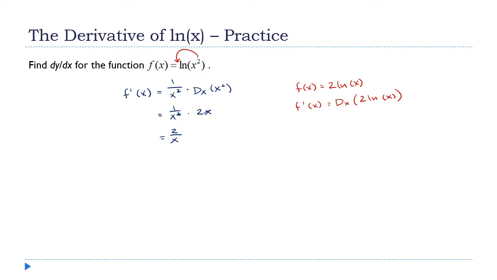Now I'm going to use a derivative property. We have a derivative property that says I can take that 2 and bring it out in front. So this becomes 2 times the derivative of the log of x, which is 2 times 1 over x, or just 2 over x. Look at that. Excellent. We did get the same thing either way.